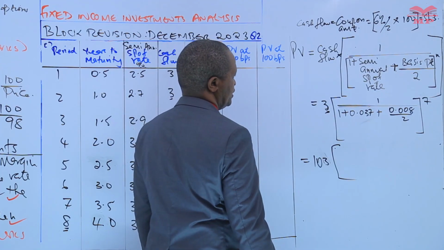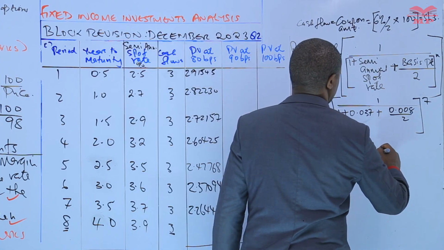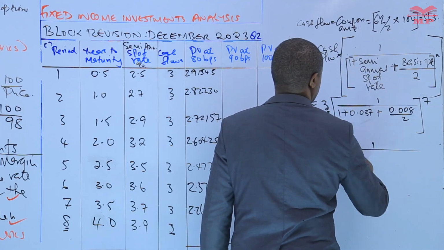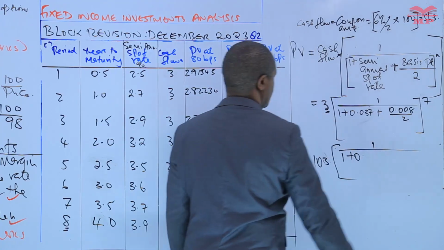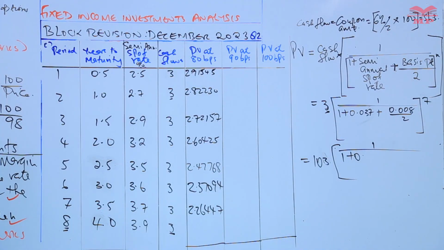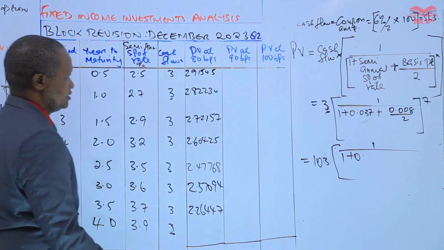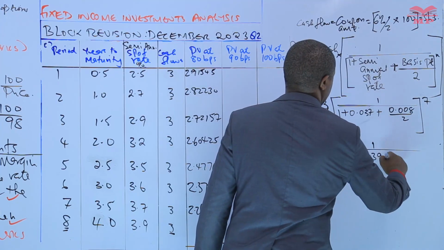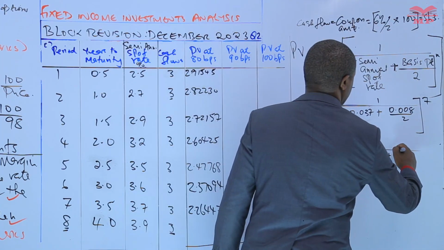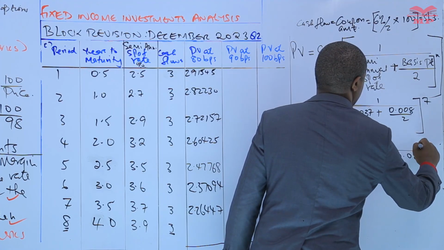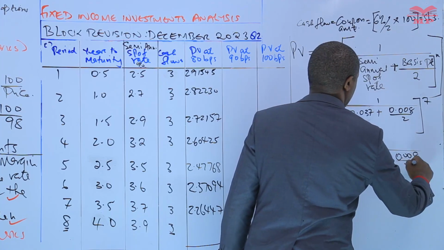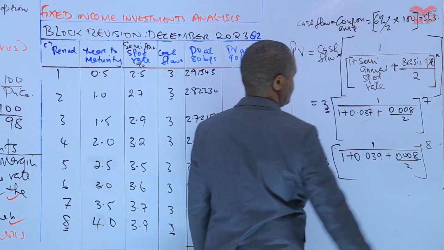So we're going to have 1 over 1 plus the semi-annual spot rate 3.9%, 0.039, plus the basis point which remains 0.008, divided by 2, raised to 8.